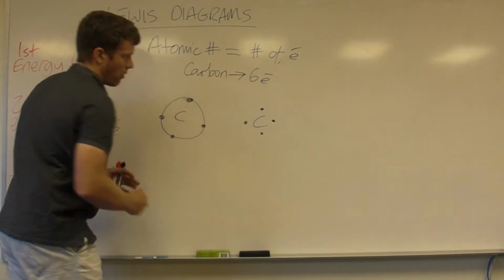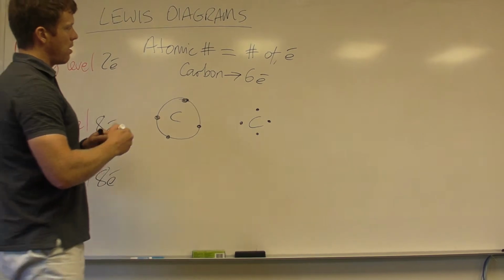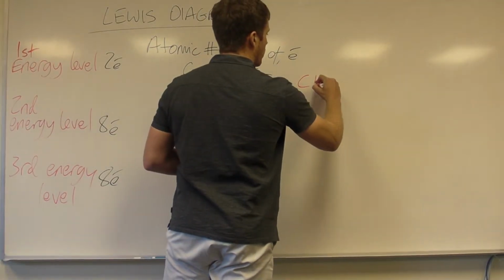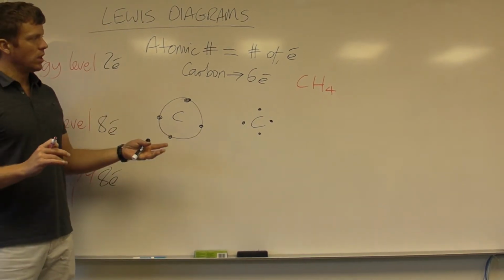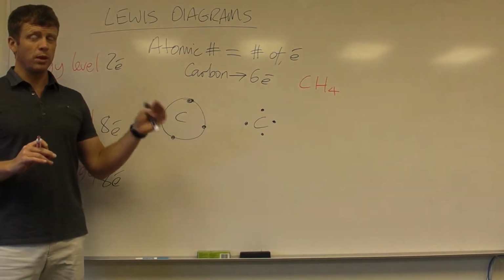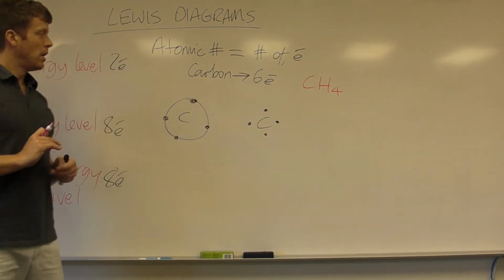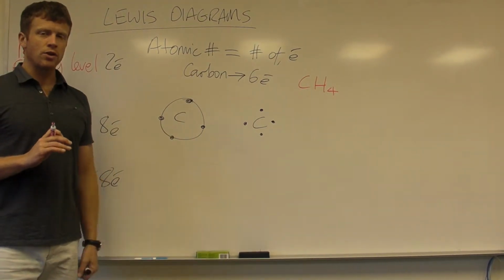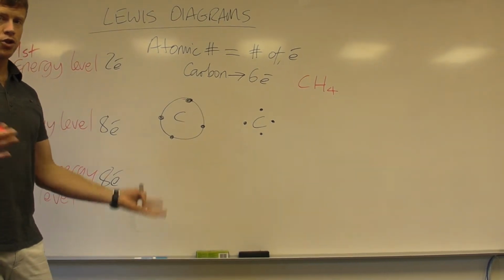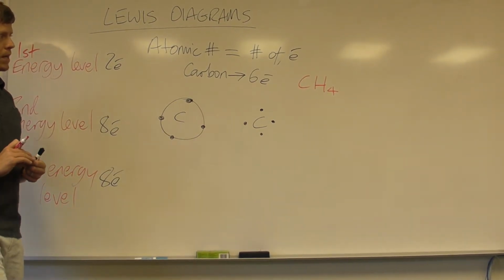In fact, I'll use both. So let's say that carbon bonds with 4 hydrogens. So remember that the goal of elements, except the noble gases, is to complete that outer energy level. And the first type of bonding we'll look at is sharing electrons. So rather than losing or gaining, just sharing is another way to complete an energy level.